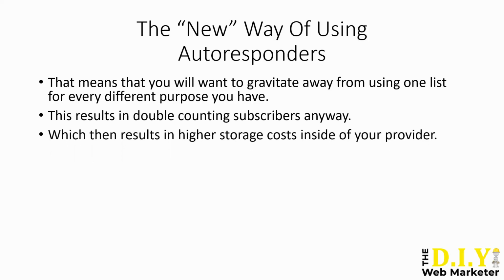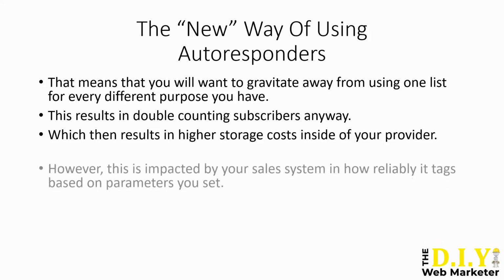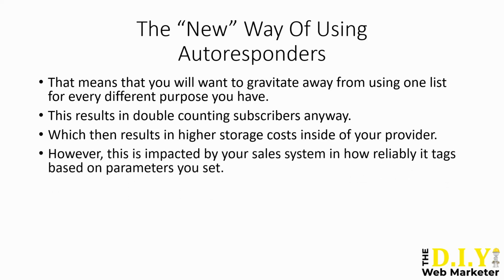What that does is result in higher storage costs. Depending on how your provider charges you and depending on how large your list size is, you could be double counting yourself into a higher price bracket when really, if you just had one list and you were using tags, you'd have an appropriate size list and you'd have a better count of who is actually the person that's listening and watching the things that you say.